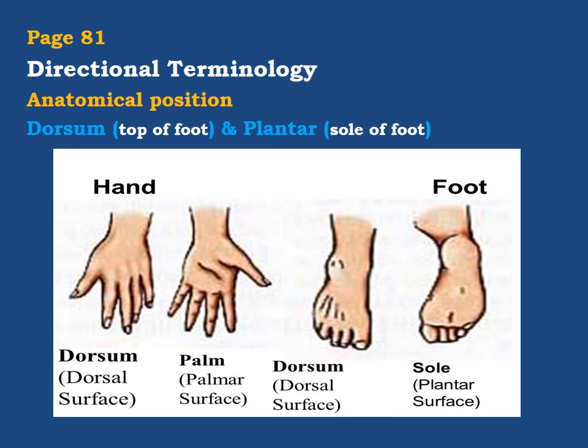And the palm, which is the inside part of the hand, is called palm. So dorsum and palm, but when it comes to the foot, it is dorsum and sole. All right. So this is regarding dorsum and plantar.